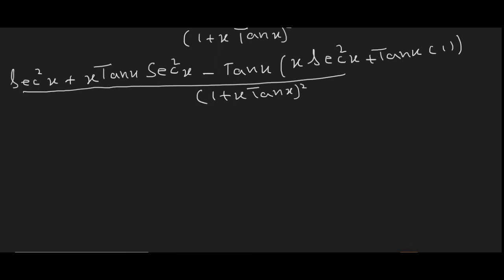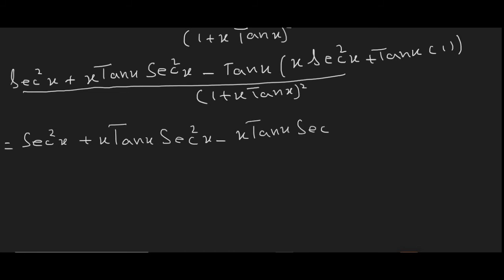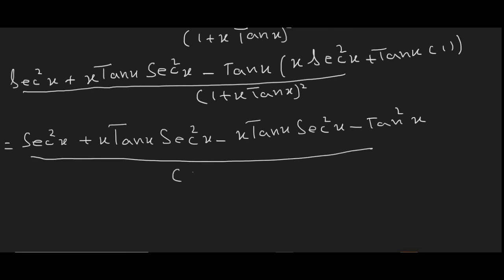Now we are going to just simplify the entire expression that we have obtained. Secant square x plus x tangent x secant square x minus x tangent x secant square x minus tangent square x whole divided by 1 plus x tangent x whole square.